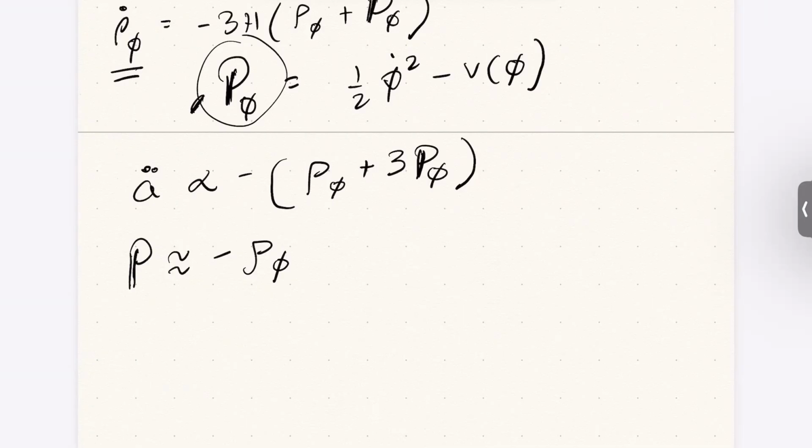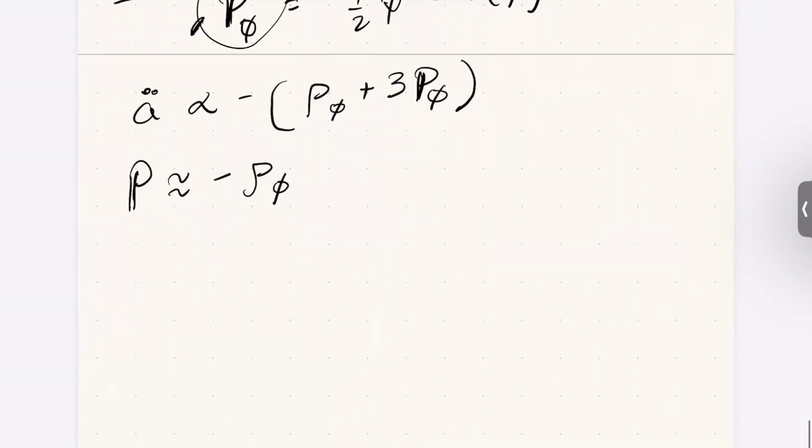And if we have negative pressure, this inflaton with negative pressure now acts like the cosmological constant that accelerates the universe. Because now we have an accelerated expansion phase, right? We have a cosmological constant that actually has negative pressure, and we also had a similar type of cosmological constant that has negative pressure in the very beginning, right?